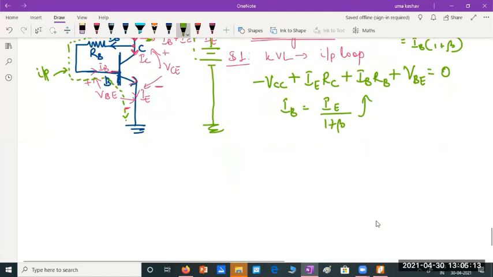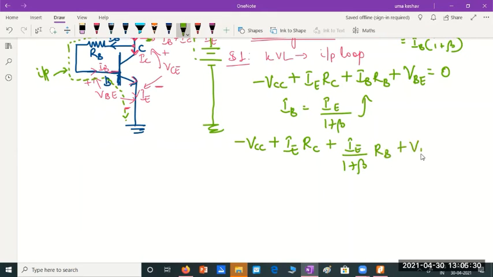Do it. Minus VCC. I'm retaining IE because I'll directly write the expression for current IE, plus IE by 1 plus beta times RB, plus VBE is equal to 0. I am interested in finding IE.